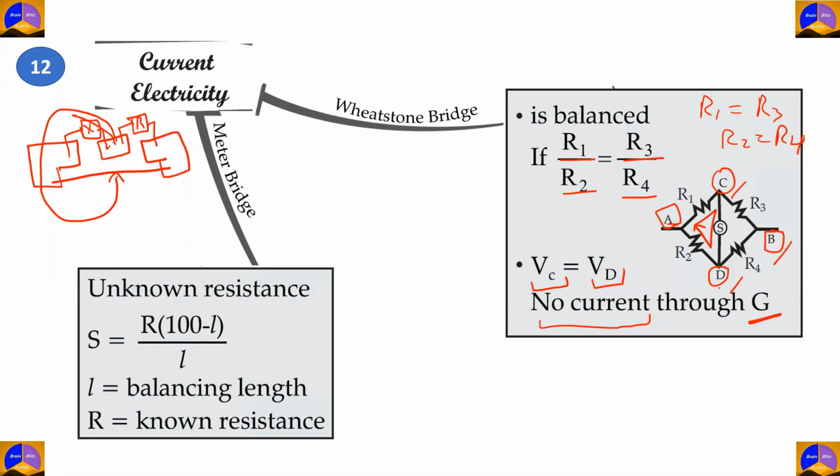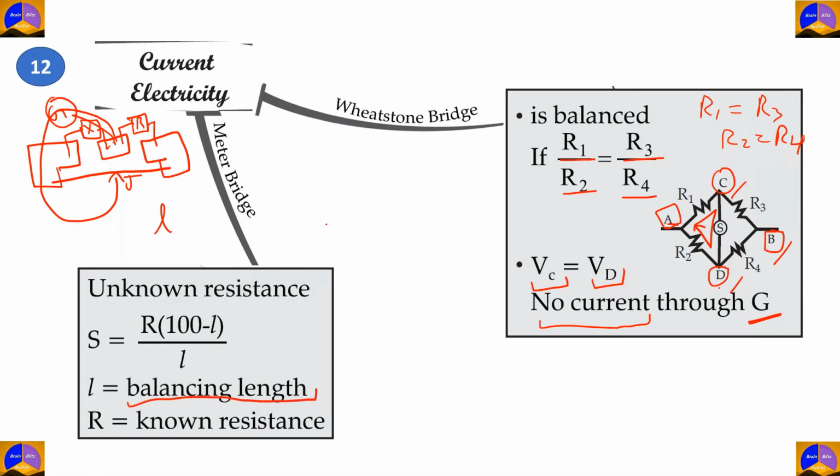Now this device is placed on the 1 meter long wire, and it also has a galvanometer attached to it. This is the jockey J. Upon moving the jockey, there comes a length L where the value on the galvanometer is 0. This is known as the balancing length.